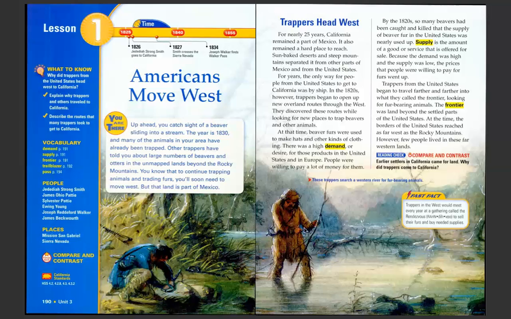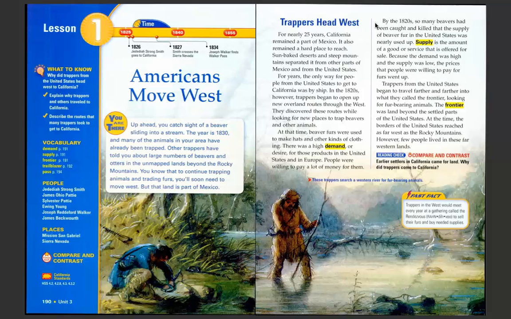So you can see down below, here's a picture. The caption says, "These trappers search a western river for fur-bearing animals," because the furs were in high demand. People would pay a lot of money for those. All right, up at the top. By the 1820s, so many beavers had been caught and killed that the supply of beaver fur in the United States was nearly used up.